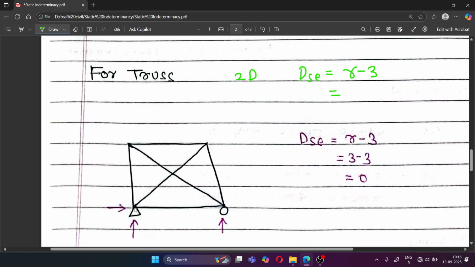Here you can see for the truss a hinge and a roller support are provided. So this is one reaction, second, this is third. So 3 reactions minus 3 equilibrium conditions is equal to 0. So this truss is externally determinate.